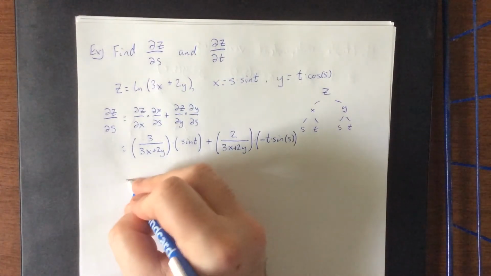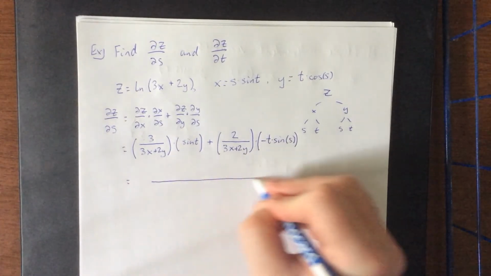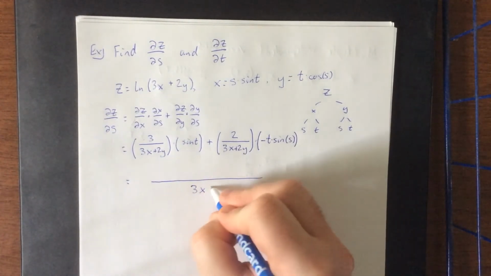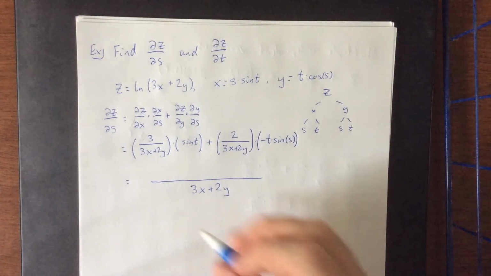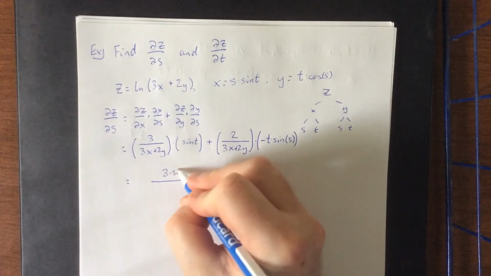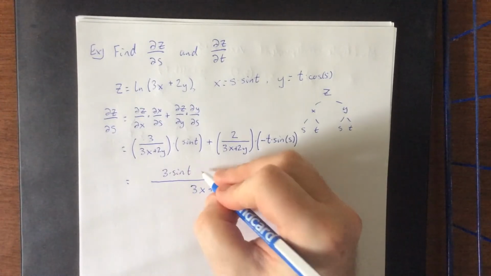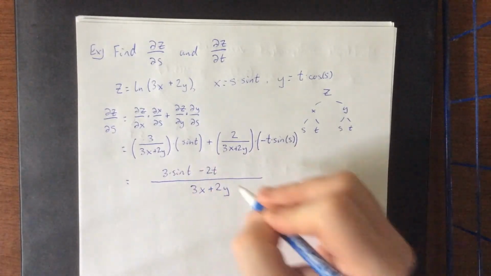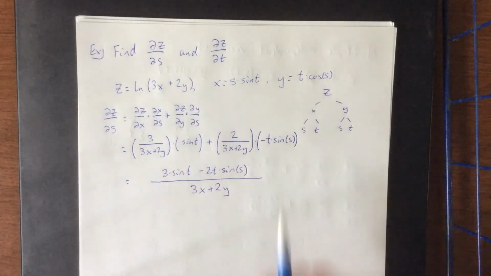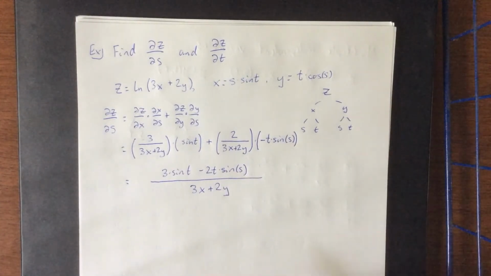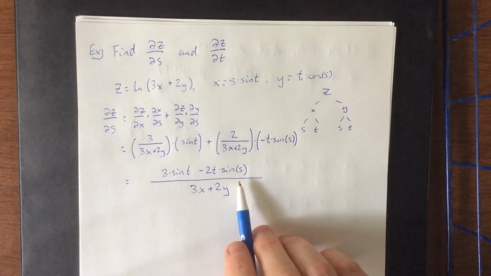Now since they already have a common denominator, let's go ahead and put them all over the same denominator. So we'll see a 3 times the sine of t, and we'll see minus 2t times the sine of s. We'll keep that s inside parentheses.